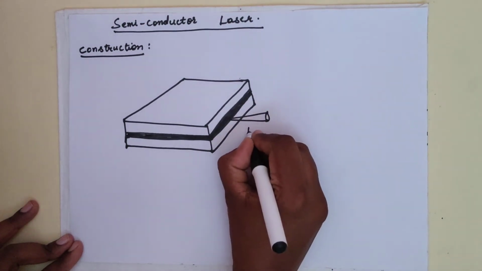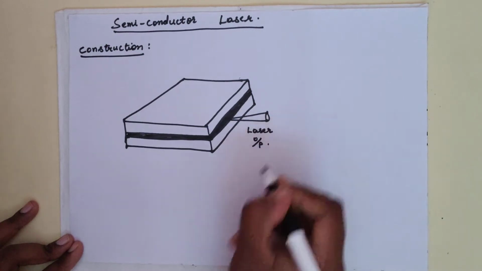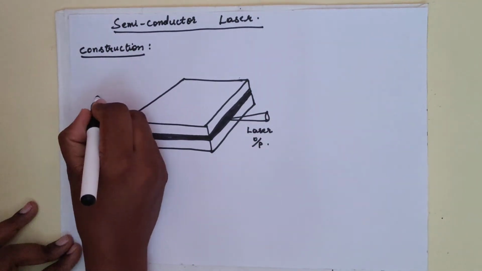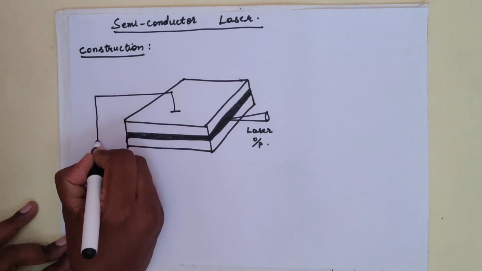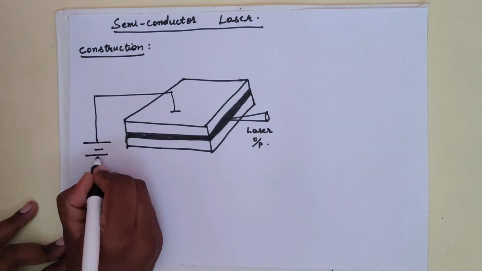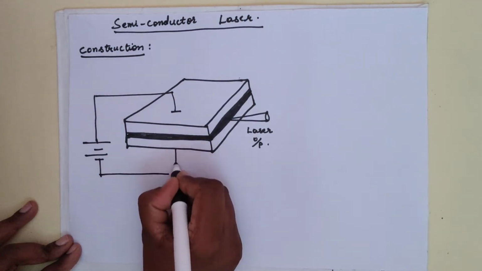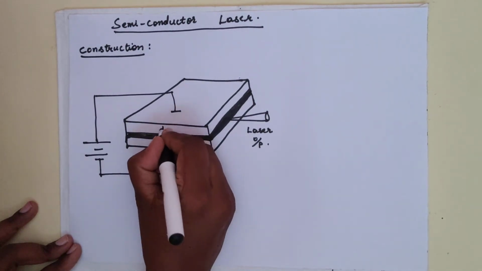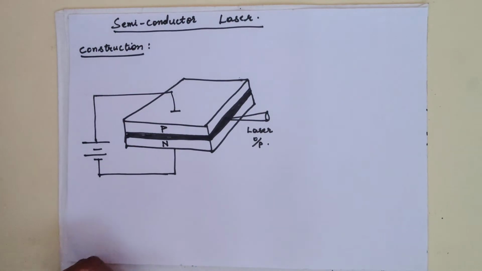So this is our laser output, and here is an input source which is forward biased. This is a P section and this is an N section.